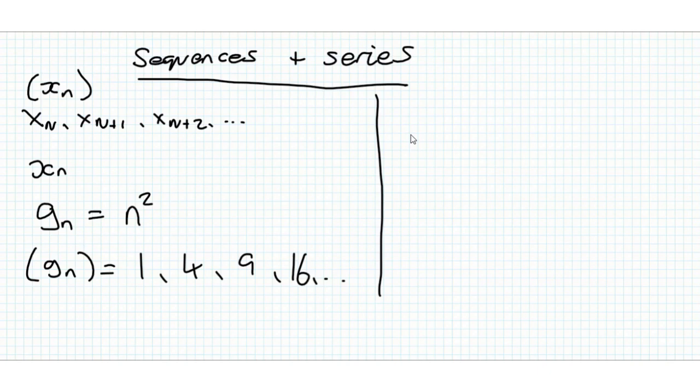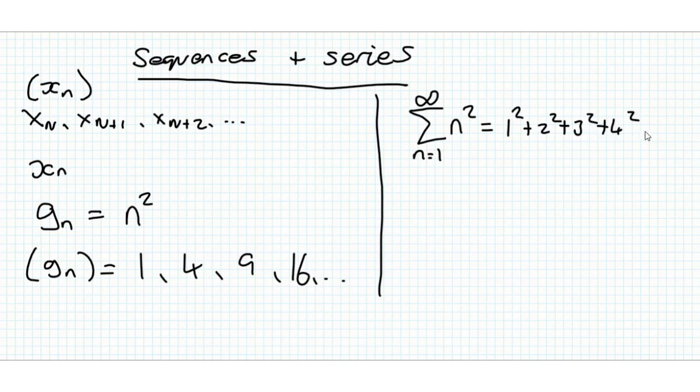Okay, so the series relating to this would be the sum from n equal 1 to infinity of n squared, so that's a series. Okay, that would be equal to 1 squared plus 2 squared plus 3 squared plus 4 squared, going on forever.